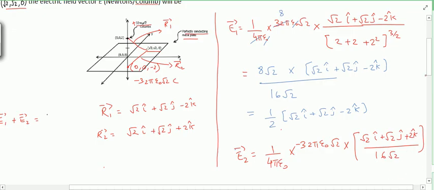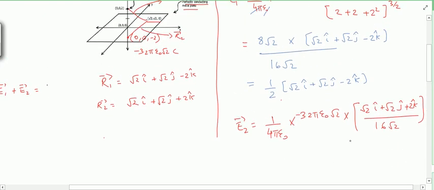So we can directly simplify this as a few things get cancelled: epsilon naught and 4 pi make this minus 8 root 2, and this root 2 will get cancelled.